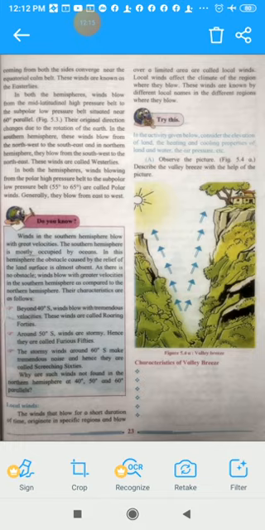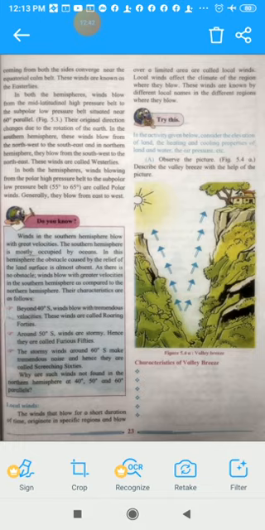Local winds are very simple. The winds that blow for a short duration of time. So these winds blow for a short duration of time while planetary winds blow throughout the year. These winds originate in only some regions, only specific regions, okay, and blow over a limited area, and are called local winds.